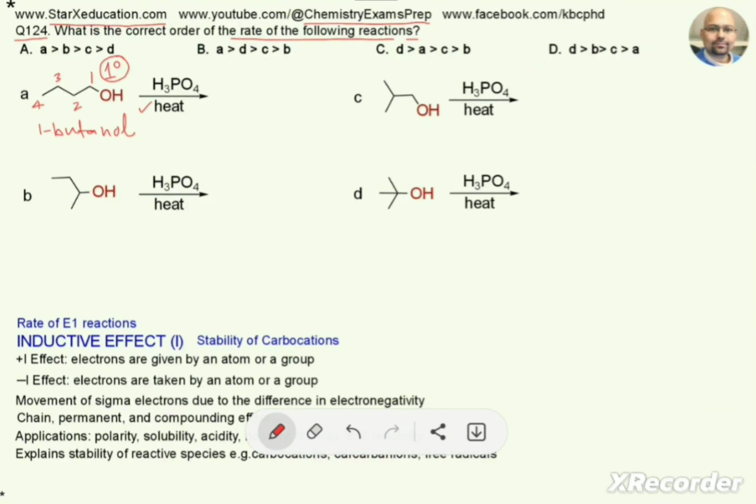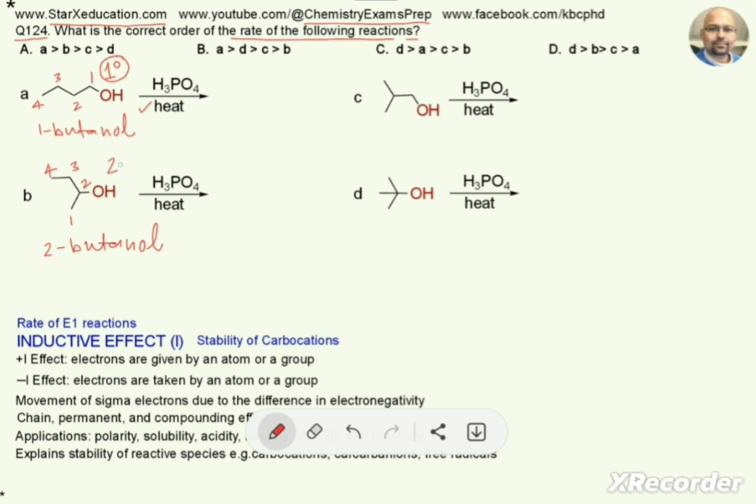To name compound B, we need to choose the longest carbon chain and then count our carbons. So we have meth, eth, prop, bute. So we again have a 4 carbon long chain, but this time the OH is connected with carbon number 2. So this is 2-butanol or butane 2-ol.